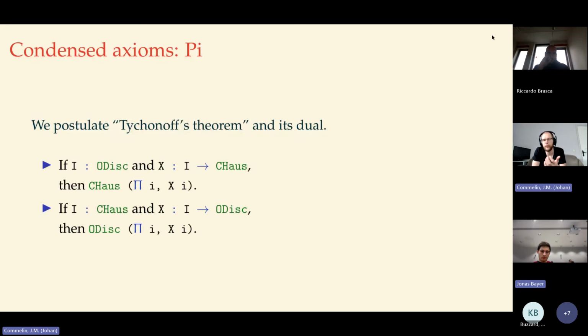But for example, if we take for X a constant family, then we're just looking at a function type. We're looking at functions from I to, let's say, X. And so now this is saying something about the compact open topology on the space of continuous maps from a compact space to a discrete space. So in that sense, it extends that bit of intuition.